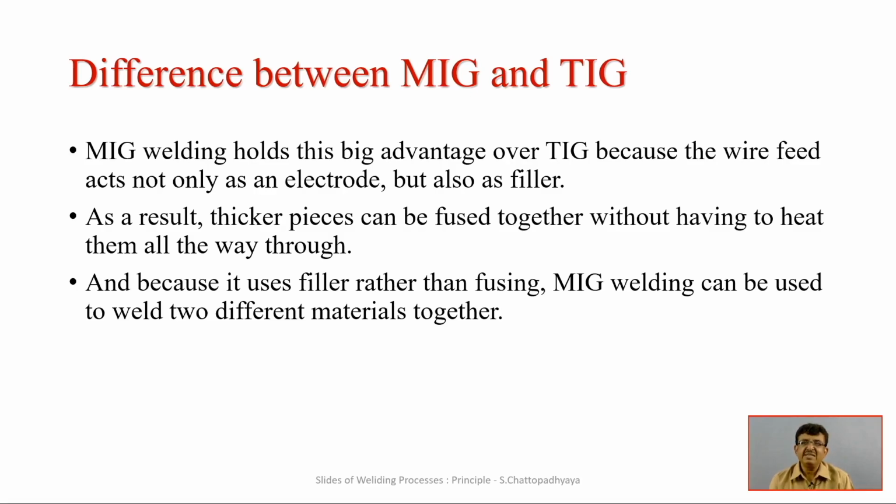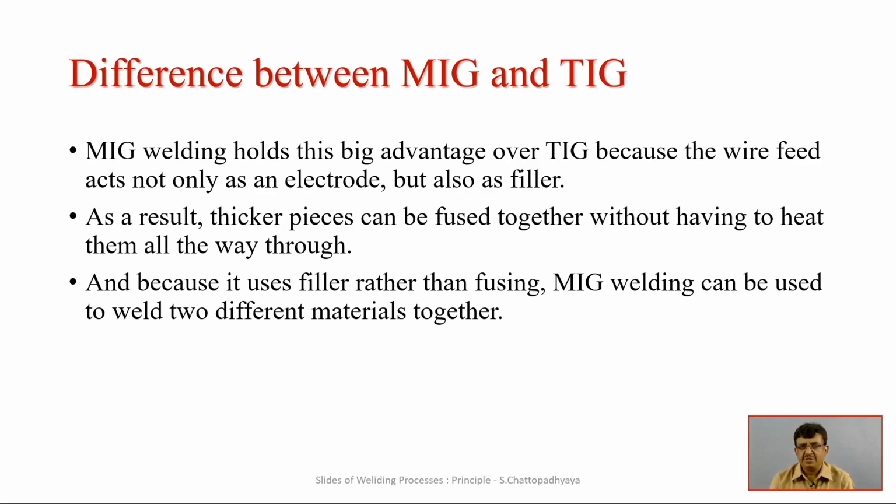So productivity is great, and the welder can weld continuously because there is a great supply of wire from the coils. That is the advantage: no break. People can carry forward without a break because the filling is done by the sacrificial electrode, continuously coming from the coil. As a result, thicker pieces can be fused together, because the productivity of welding depends on the material deposition rate.